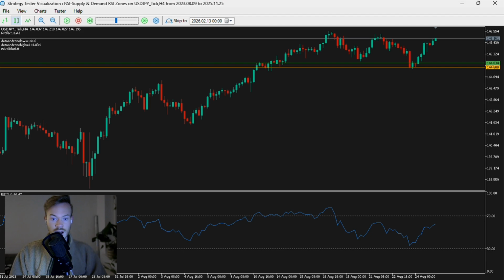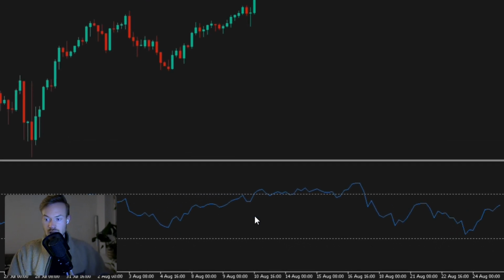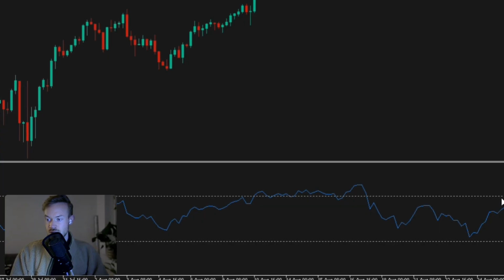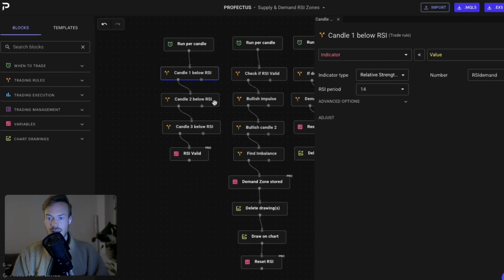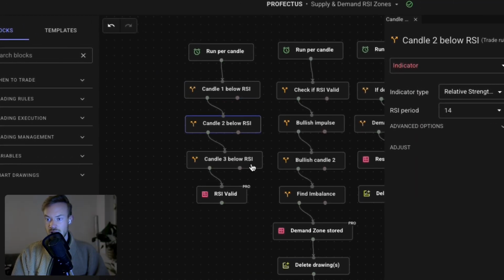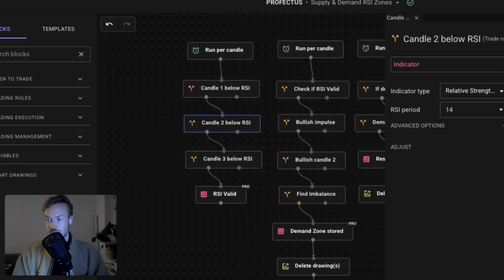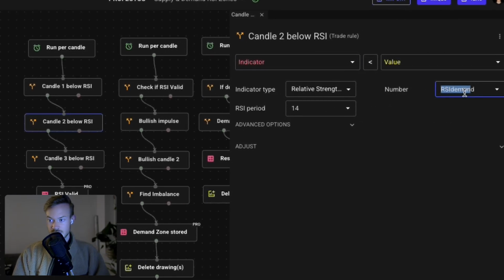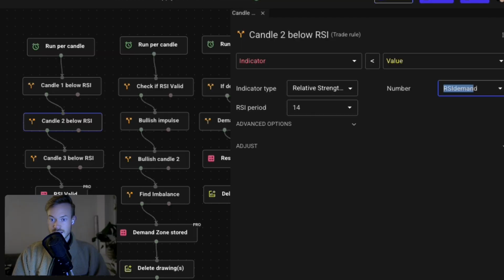You see the RSI is down below, and unfortunately we cannot change the visualization of the price levels because we look at the value of 40 in that case. So we want to at least have 3 candles below the value of 40 on our RSI. This is how we define the RSI demand value.